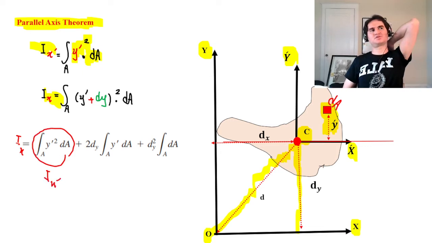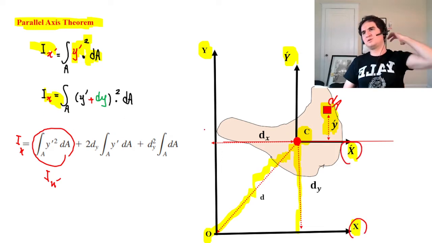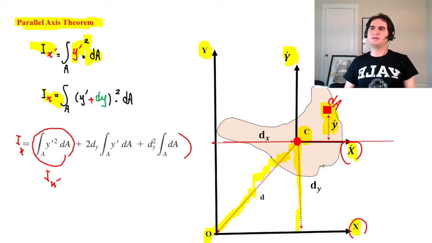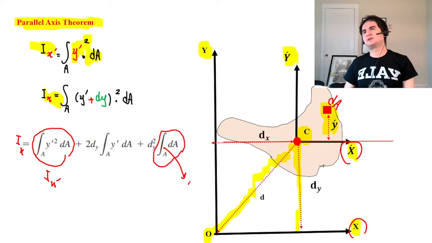The moment of inertia for the new house is equal to the moment of inertia of the old house plus, let's go by here first, dy squared times the integration of the area. This integration gives me the area itself, and that's A dy squared.